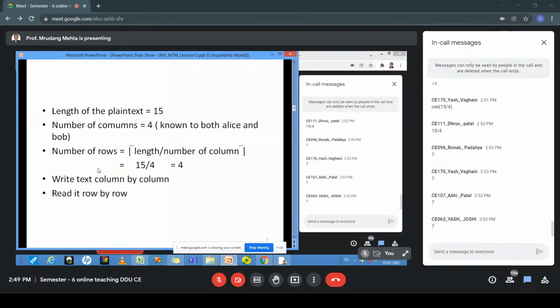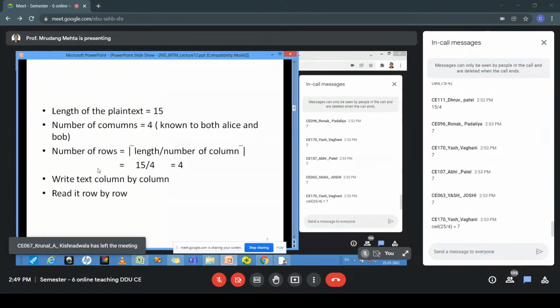So 25 divided by 4 is 6 point something, and the ceiling of that is 7. Or you can view it like this: you have 4 columns, you fill the first row, the second row, and this way you fill 6 rows. There is still one character remaining, so you insert it in the 7th row. So it results in 7. Is that clear?